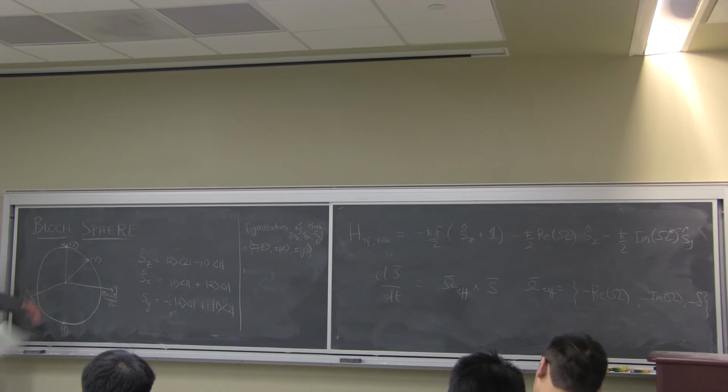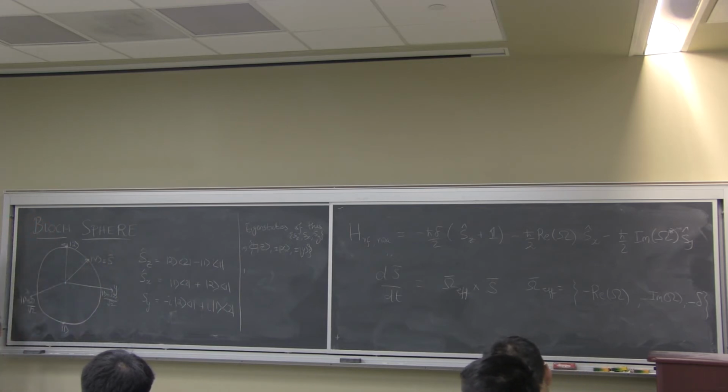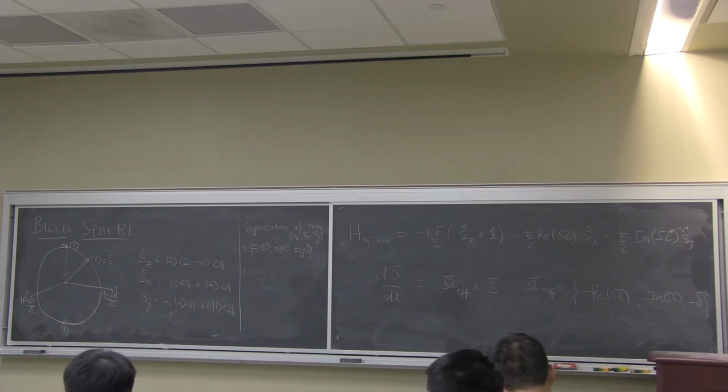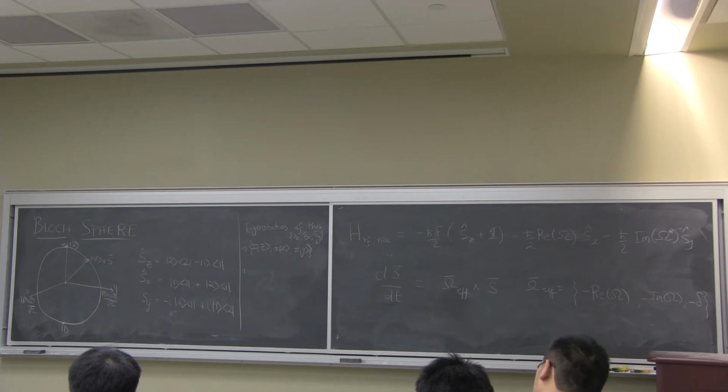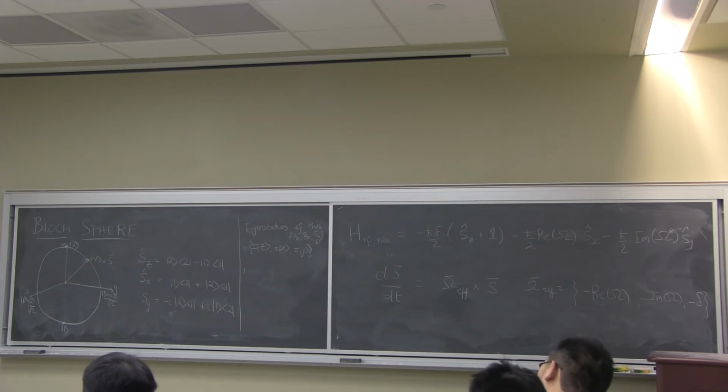So the pseudo spin vector S is equivalent to the state psi. That's what we're saying. So we can think about the system's evolution not in terms of the components C1 and C2, but picture it in terms of the evolution on this Bloch sphere. And probably you all have seen this formalism before.